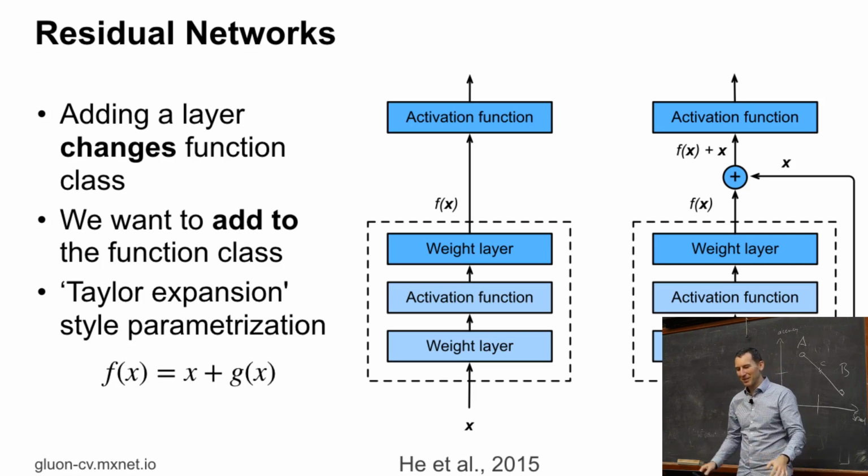And that's quite brilliant. It's like a Taylor expansion for neural networks, at least a similar flavor. So now as you increase your parameters, you're starting to deviate from the identity function. So now I don't have to learn the identity function that does nothing to my data anymore.